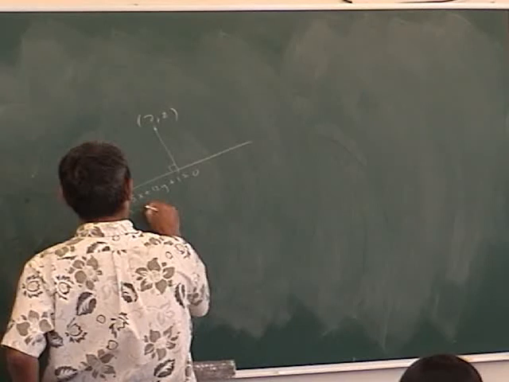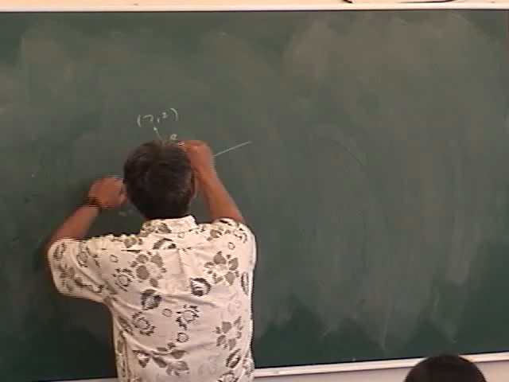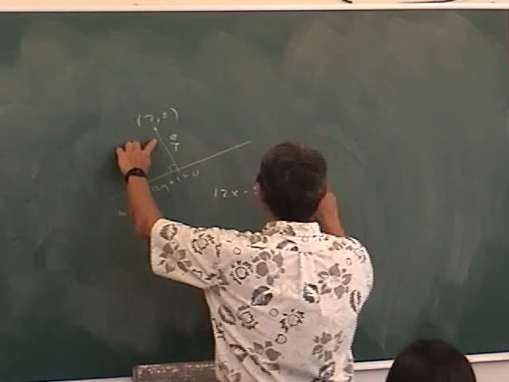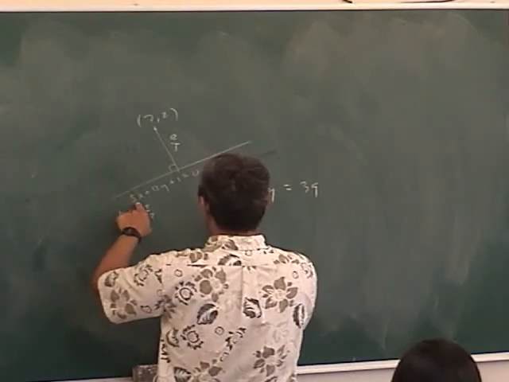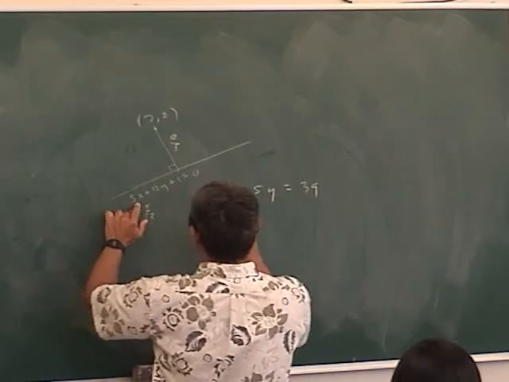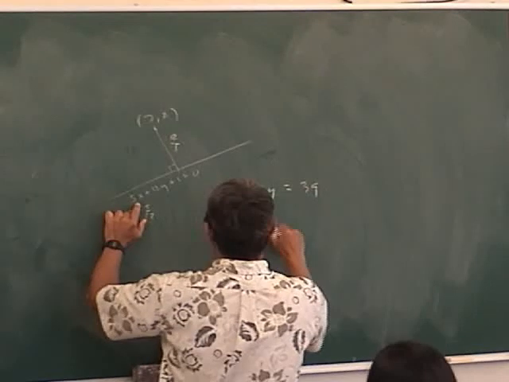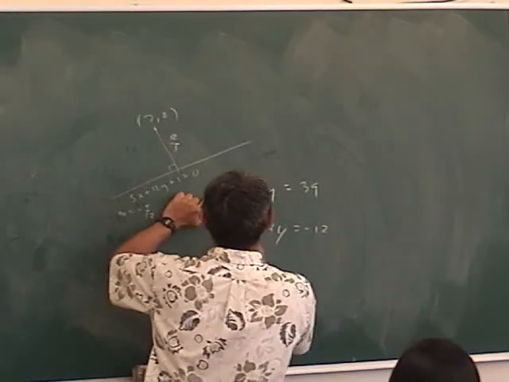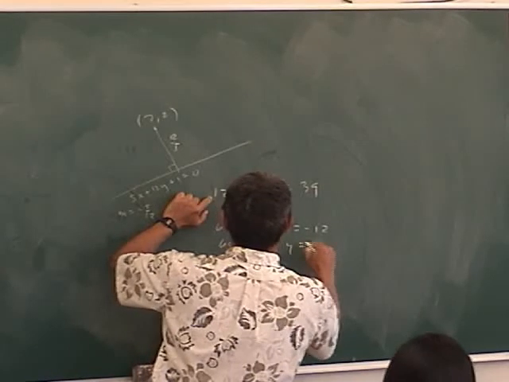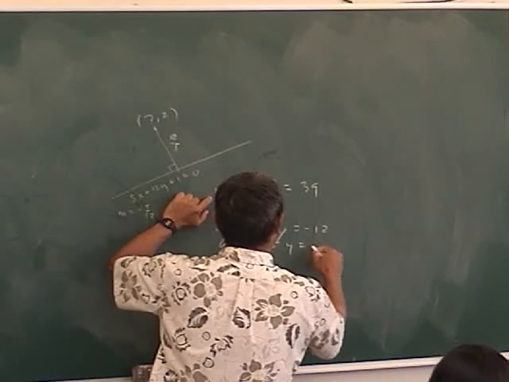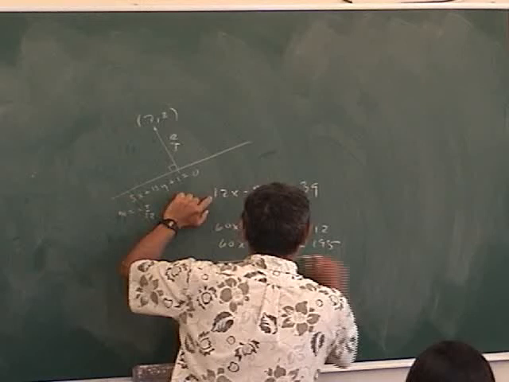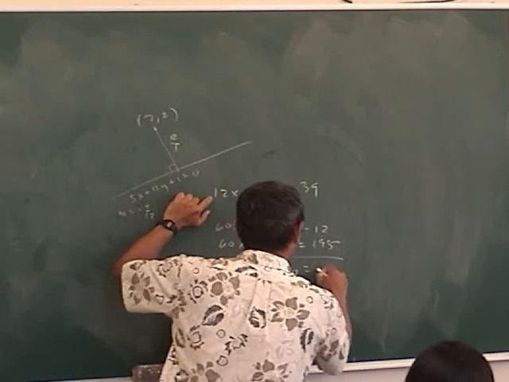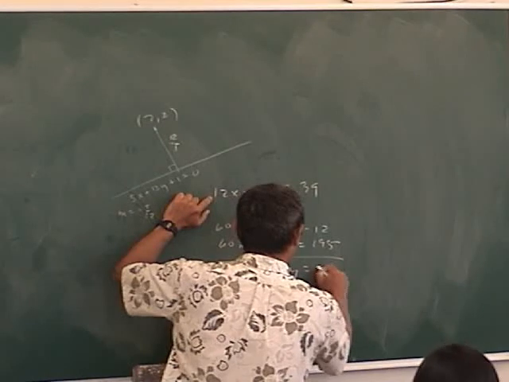Ready, set, go. Okay, so 12, 5, 1 equals 49 minus 10 is 39. So you got 5x, so you got to multiply by 12. So it's 60x plus 144y. Then you got to multiply by 5: 60x minus 25y, and 39 by 5 is 195. Okay, so you got 169y is equal to, we're subtracting, negative 207.